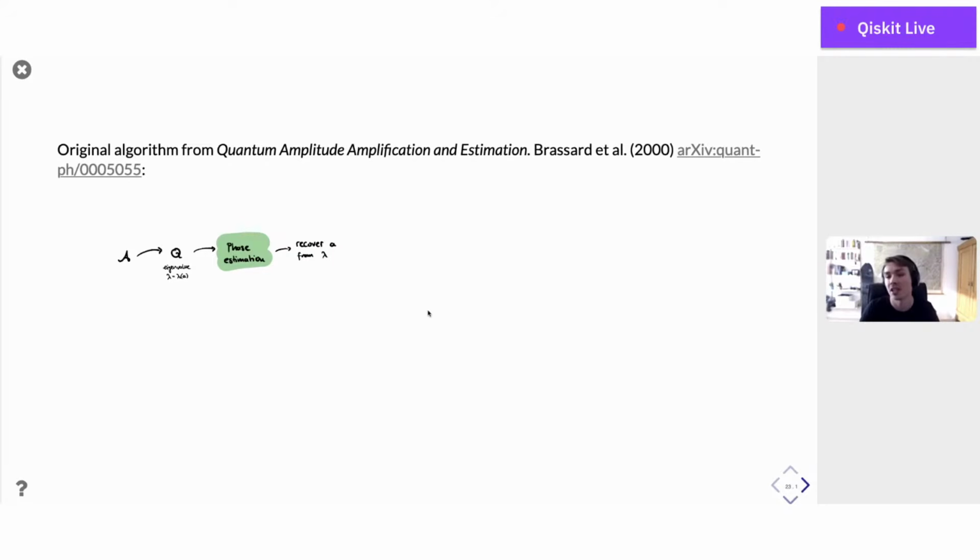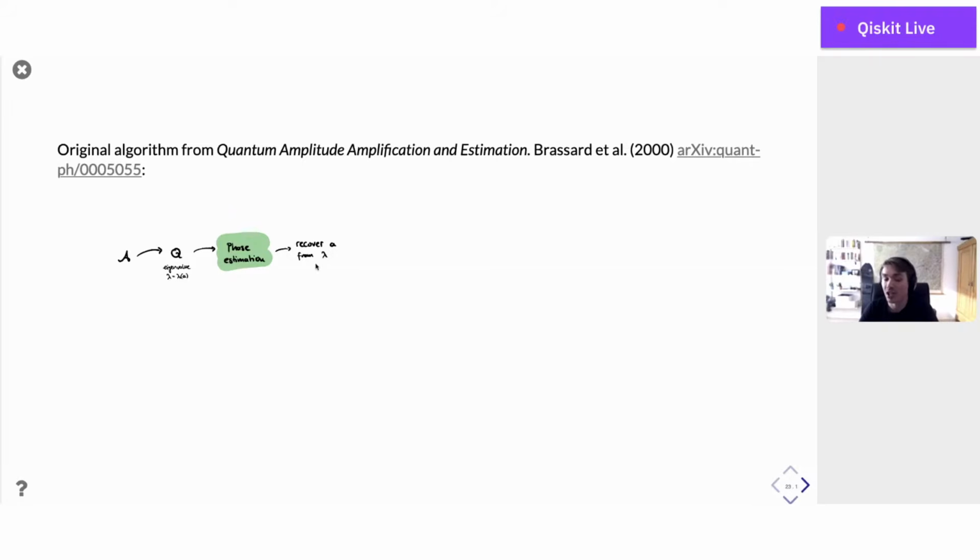The idea of this algorithm is that you take this operator A, and from it you construct an operator Q, whose eigenvalues depend on the amplitude A. Since this is a unitary operator, the eigenvalue is a complex phase, and you can estimate this phase with the phase estimation algorithm.